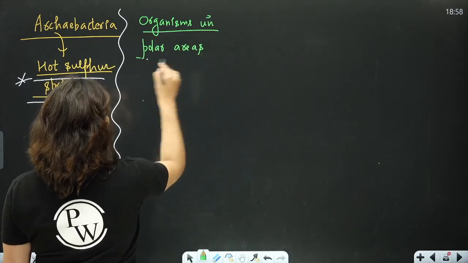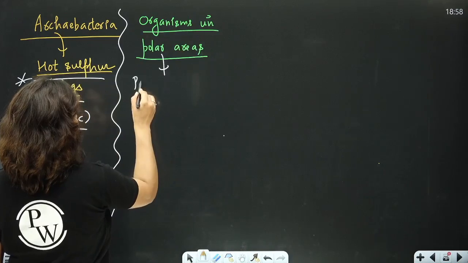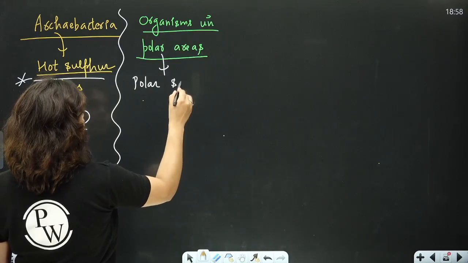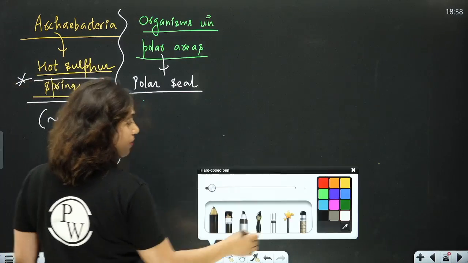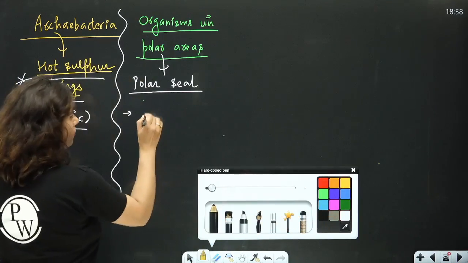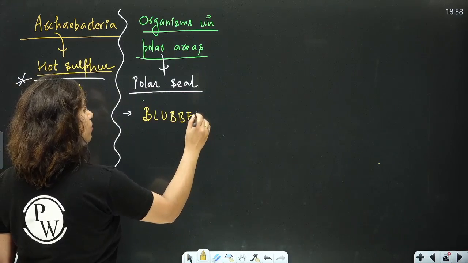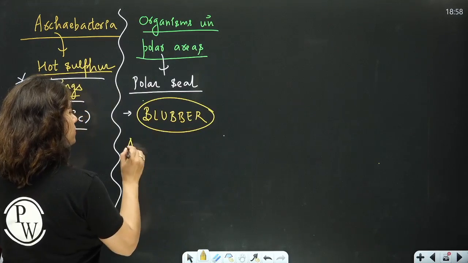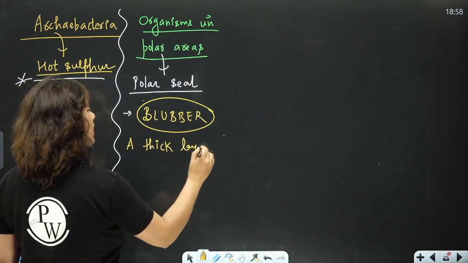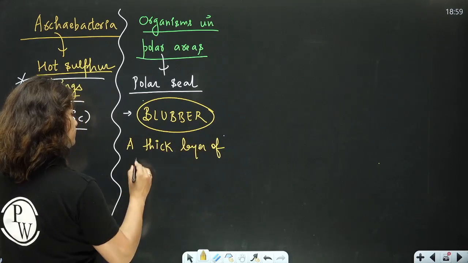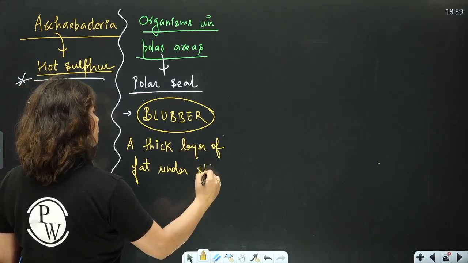Organisms in the polar areas, like the polar seal. So what do they have? They have blubber. What is blubber? Blubber is a thick layer of fat under their skin, which acts as an insulator and protects them from cold.